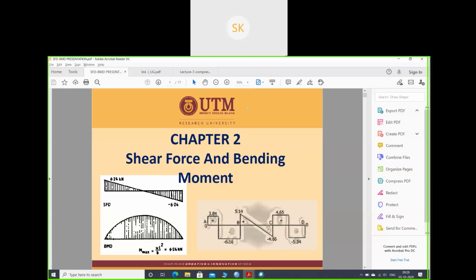Visible? Shall I move? Some brown background where it is shown with dark blue color. Chapter 2: Shear force and bending moment diagram.